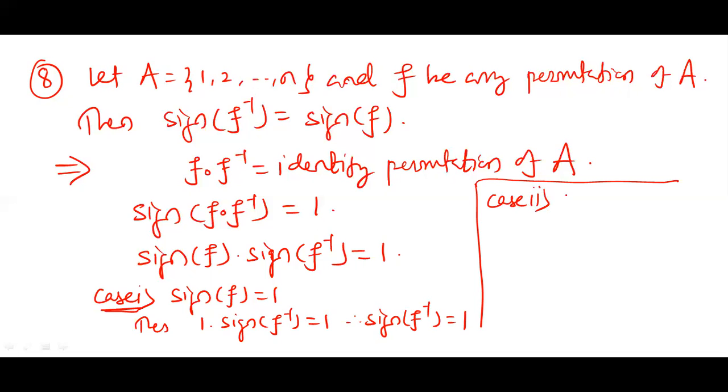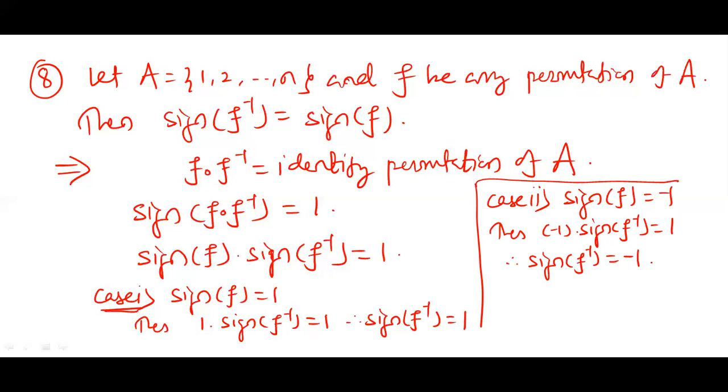And case 2, the signature of f is equal to minus 1. Then minus 1 into the signature of f inverse is equal to 1, and therefore multiplying both sides by minus 1, you will get the signature of f inverse is equal to minus 1, and hence the signature of f inverse is equal to the signature of f by case 1 and case 2.